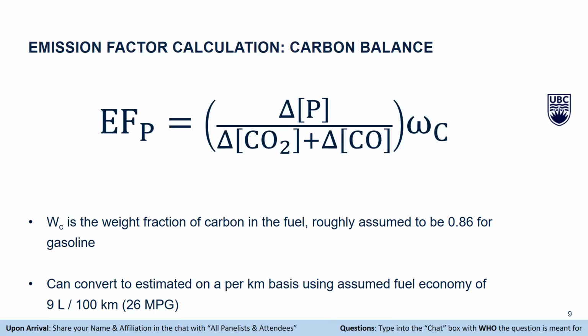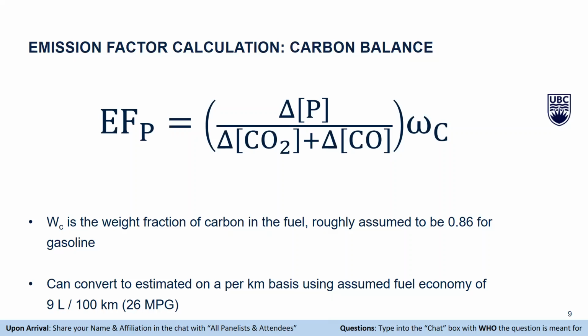And then we multiply that by the weight fraction of carbon in the fuel to convert our pollutant data into a kilogram of fuel burned basis. And this fraction was assumed to be 0.86 for gasoline, so 0.86 grams of carbon per gram of fuel burned. And so here you end up with an emission factor that's amount of pollutant per kilogram of fuel.